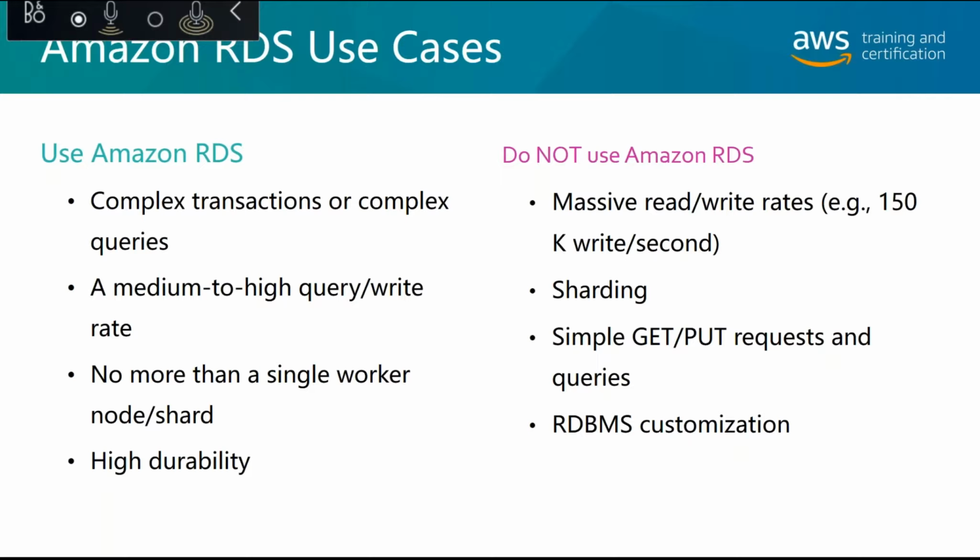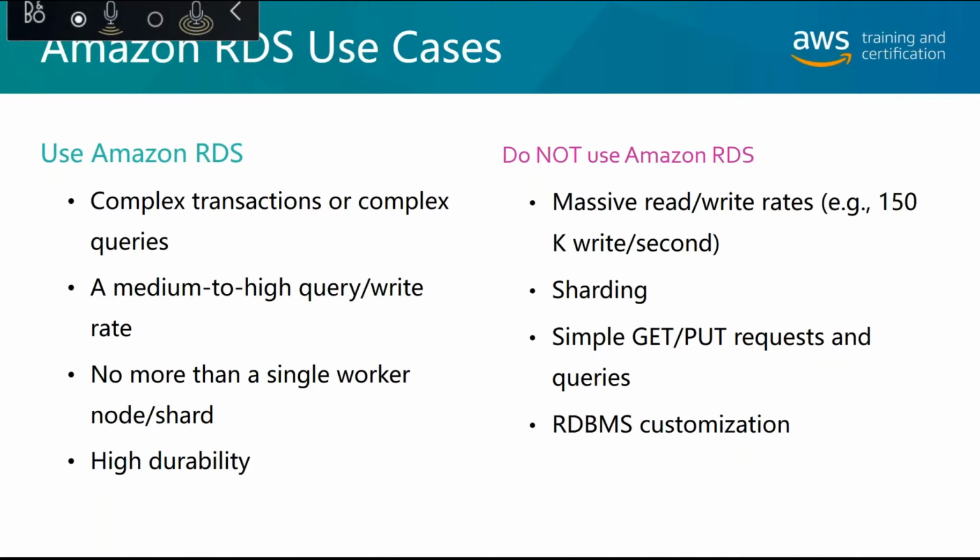Whenever you're dealing with a relational database, the use case would be complex transactions or complex queries, medium to high query write rate, no more than a single worker node or shard, and high durability. Do not use Amazon RDS for massive read-write rates, sharding, or simple get-put requests. There's a better option for that.